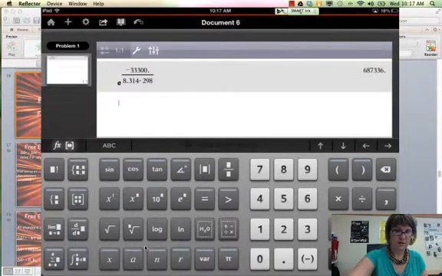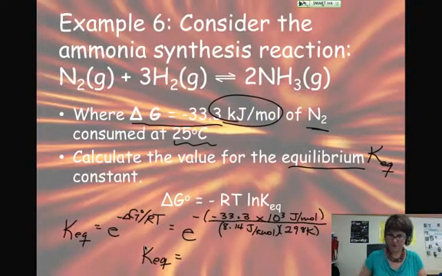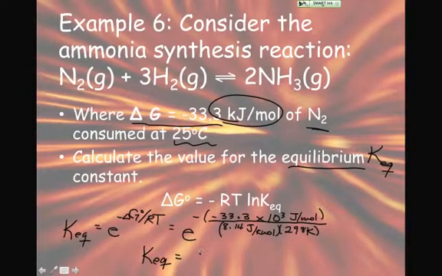So my K for this problem is 687,336. We don't get to keep all those sig figs, do we? Let's see. Looks like we better keep only 3.